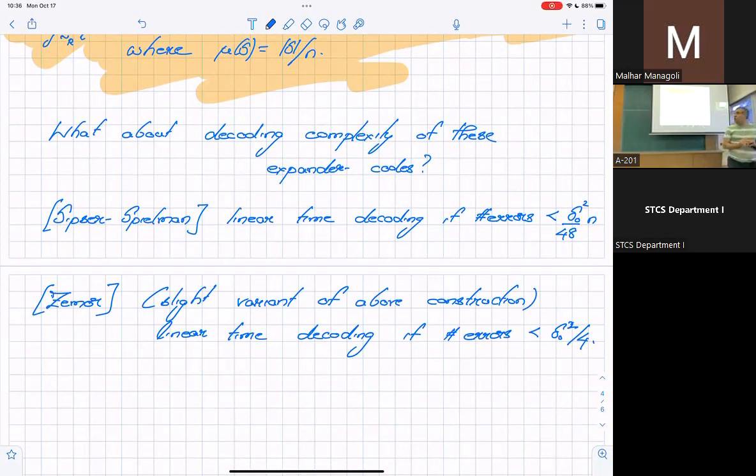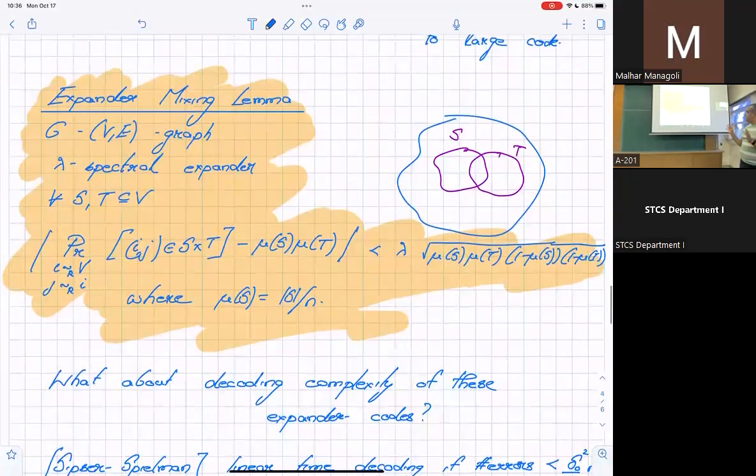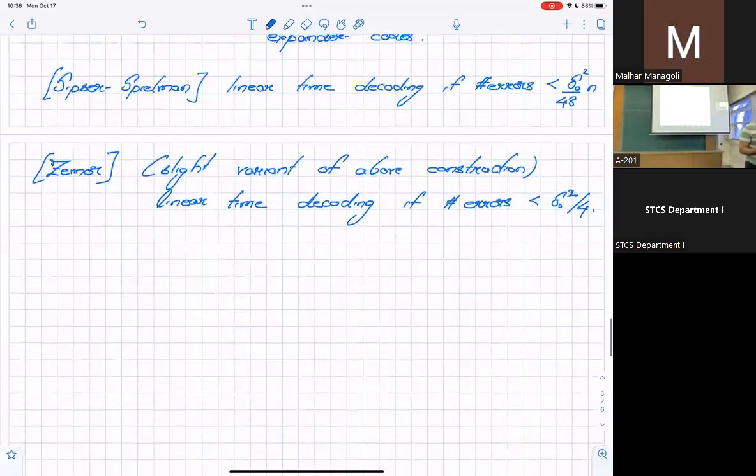Firstly, I'll tell you what variant he is going to consider. He'll take the expander graph as we said, but then from this he will construct what's called the double cover. The double cover is a notion that will be useful to have.